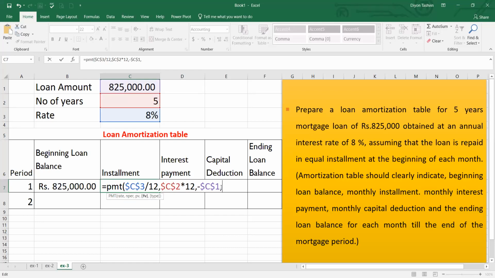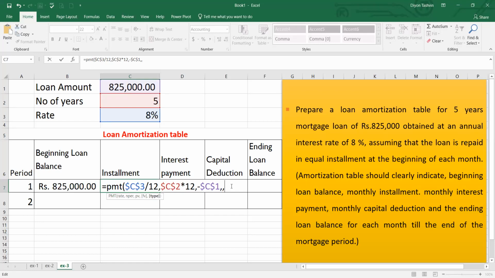Then we have to put the future value. Here, we don't have the future value of the loan, or what we are going to pay ultimately at the end of the loan. So we have to skip it by putting another comma. So you can see in between these two commas, nothing is there. Then finally, we have to insert the type.